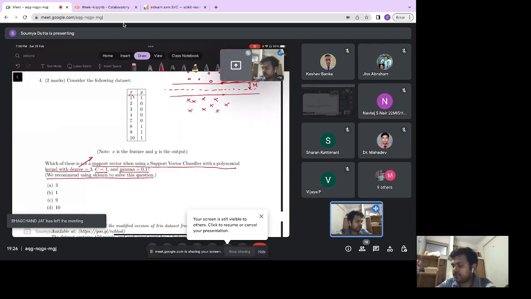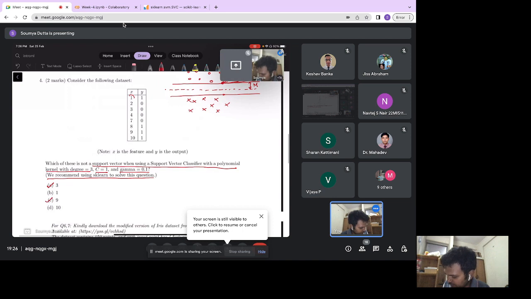So the question, as I said, was slightly wrong. 1 is indeed a support vector. In fact, 3, 9, and 10 are not support vectors. So if this is the question, then the answer would be 3, 9, and 10, if which is not a support vector is the question. If which of these is a support vector is the question, then 1 would be the answer, as we just found out from sklearn.